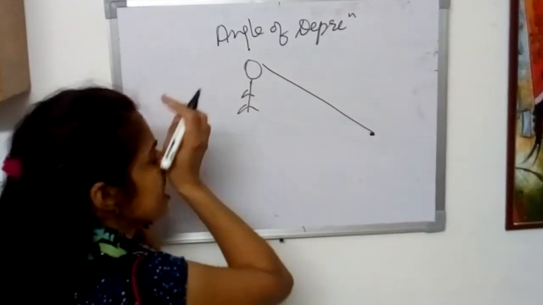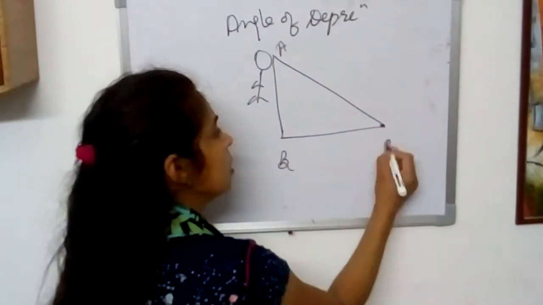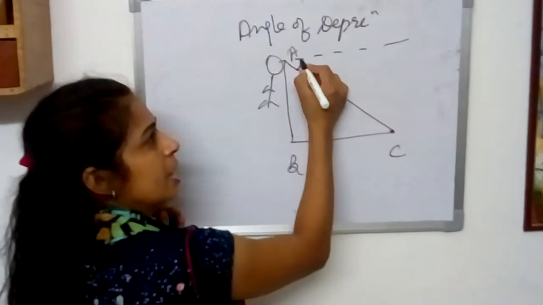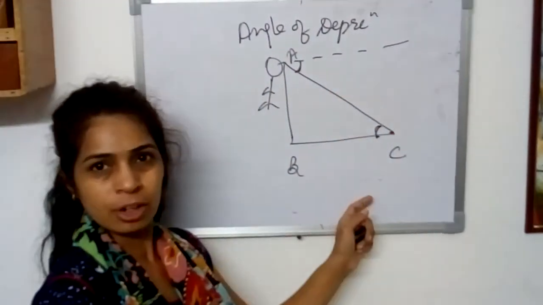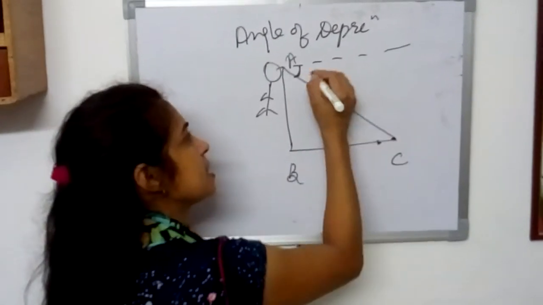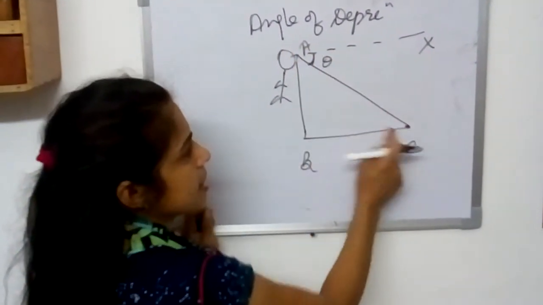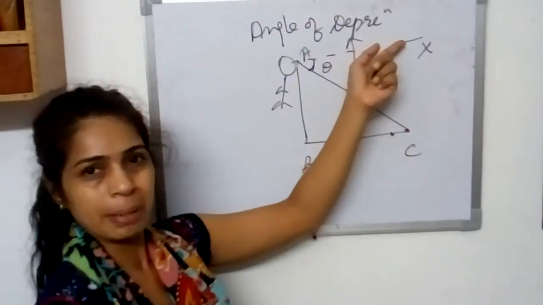Okay, so in this way, if I convert this into a mathematical definition again, it is the angle which is formed between the line of sight and the object which is below the line of sight. So if I say this is angle theta, let XAC be angle theta, and this angle will denote angle of depression.